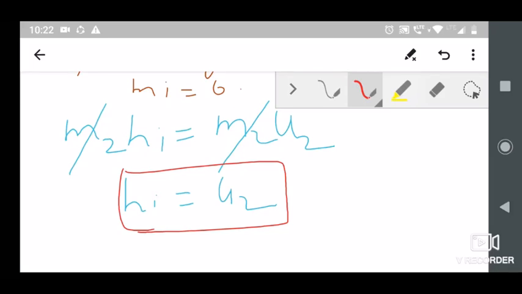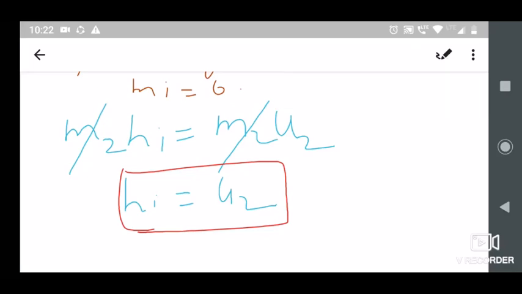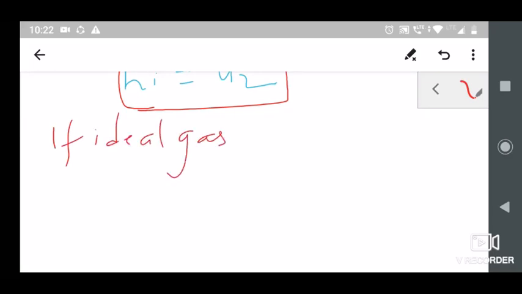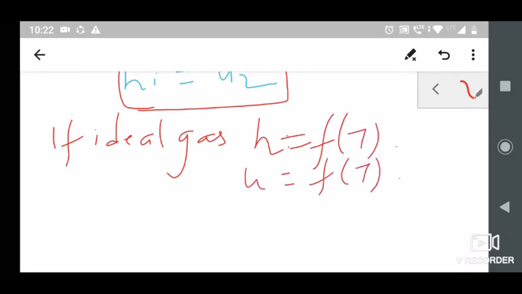Suppose let us go with another case, if that is an ideal gas. If it is an ideal gas, then let us try to apply this. As we know, h is a function of temperature and u is also a function of temperature, which I have already covered in the derivation in our class itself.